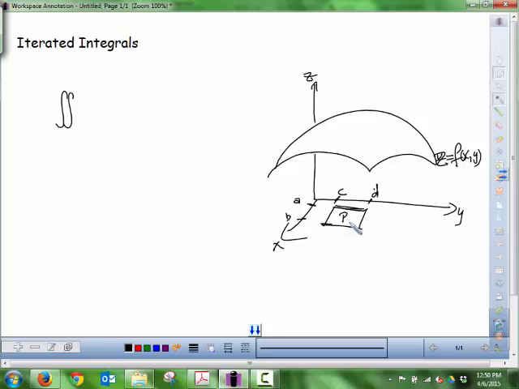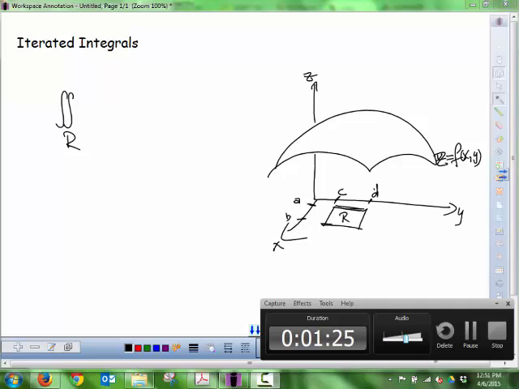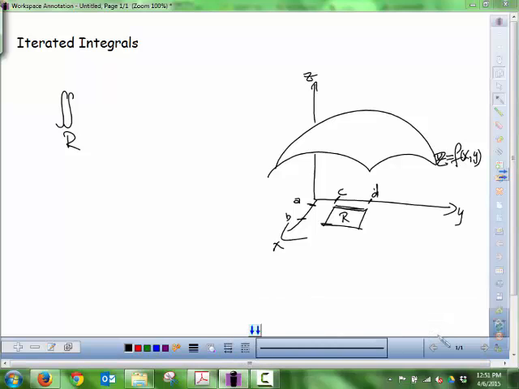We can call this region R for now, so let me set this up in a couple of different ways. A double integral that's integrating over R, and my function with a differential dA, where A, as you remember from last time, is the change in area.